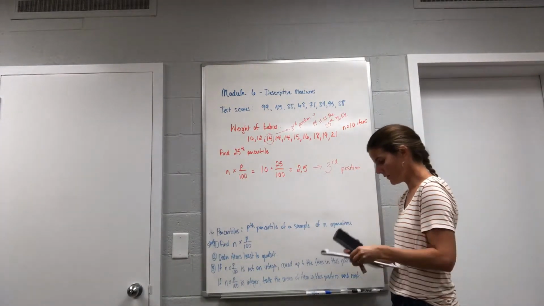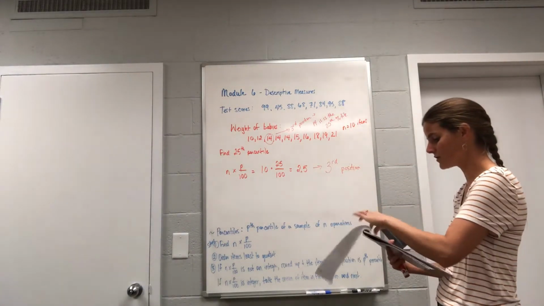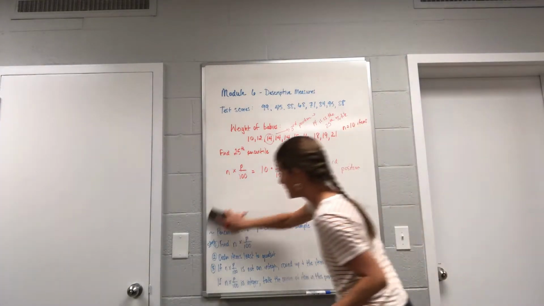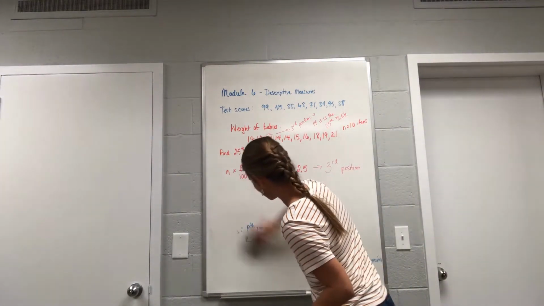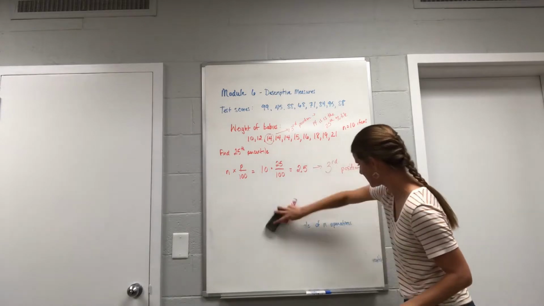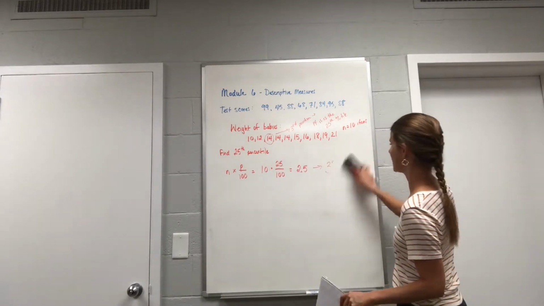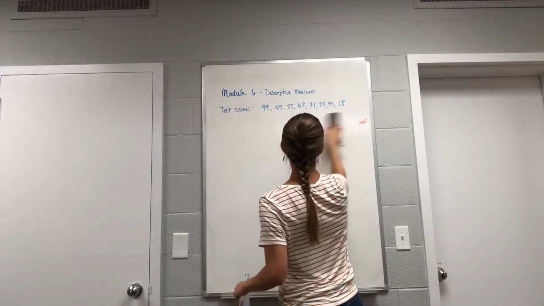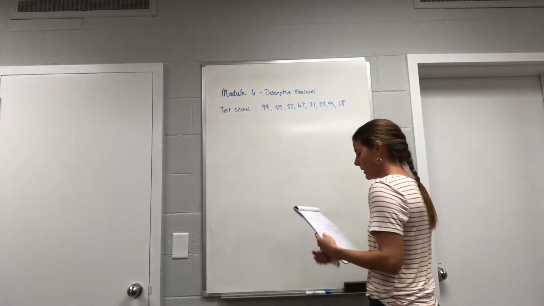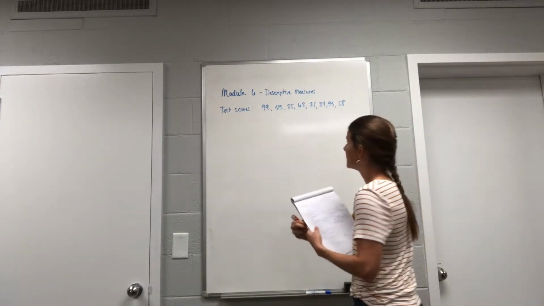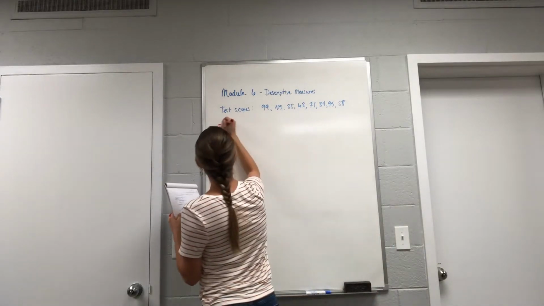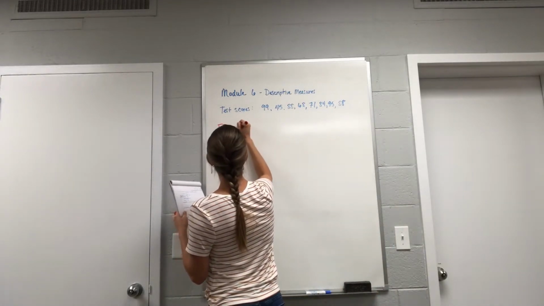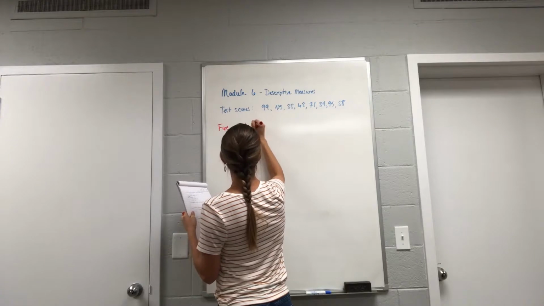Okay, so we're going to move on to this next item, the 5-number summary, which is what your discussion board post is about. The 5-number summary is kind of a neat thing.